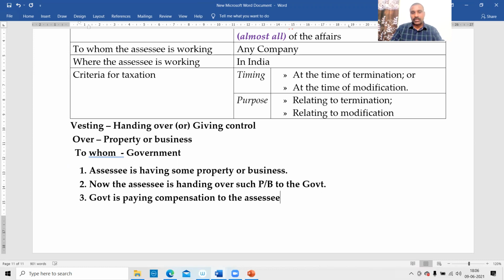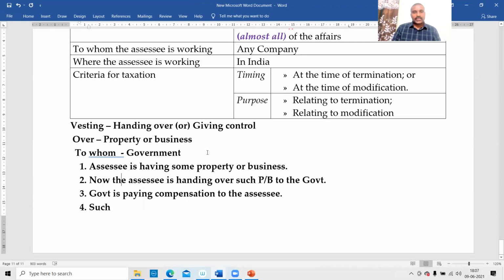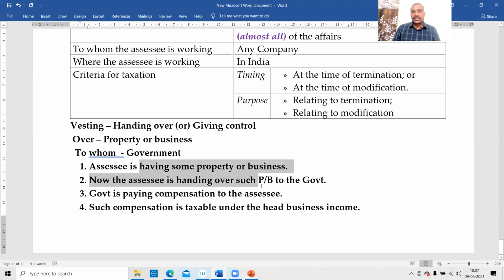Such compensation is taxable to the assessee under the head business income. As simple as that. Assessee is having some property or business. Now the assessee is handing over such property or business to the government. Government is paying compensation to the assessee. Such compensation is taxable under the head business income.